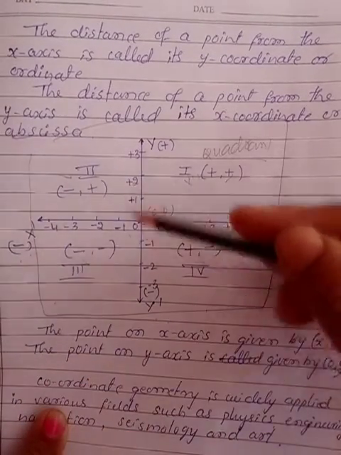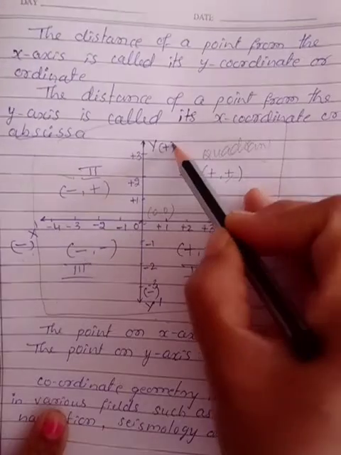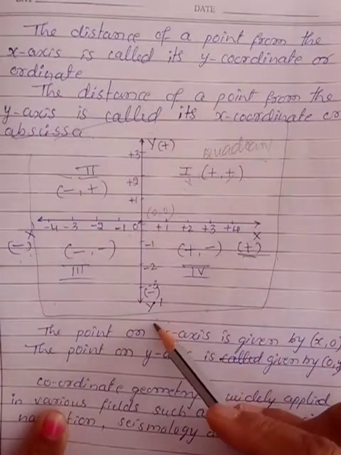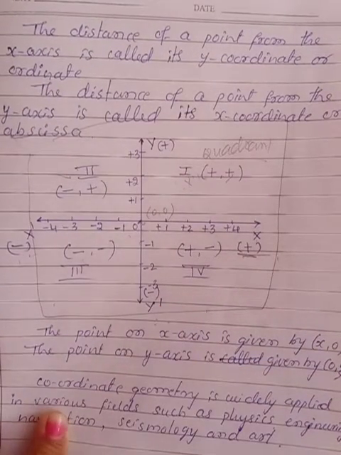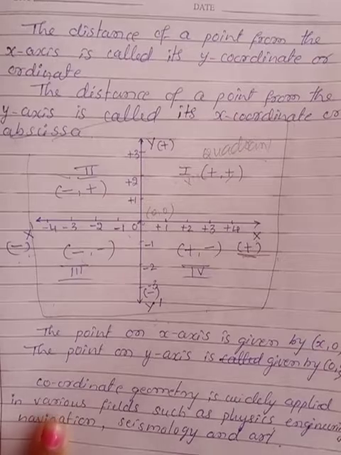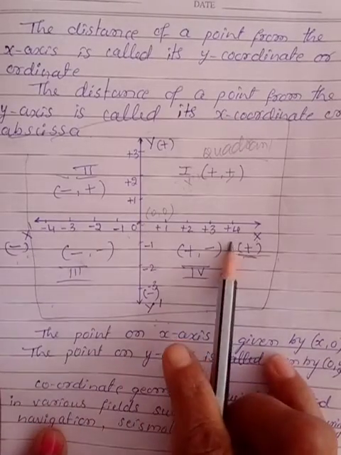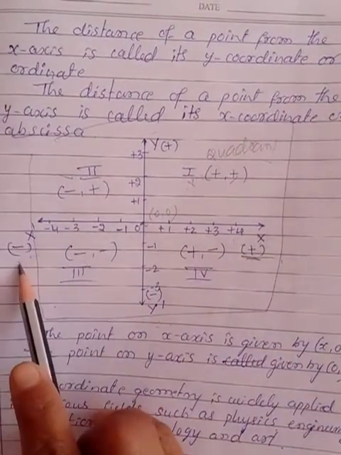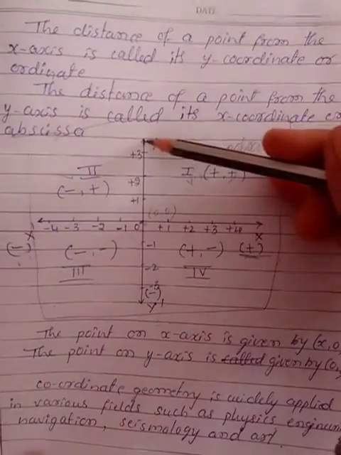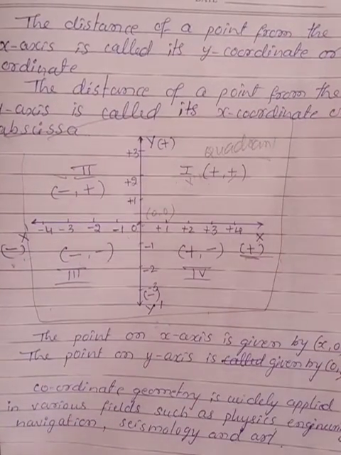In the same way, above the horizontal it is positive and below it is negative. This is very important, you should know. Right side positive, left side negative. Top is positive, bottom is negative.